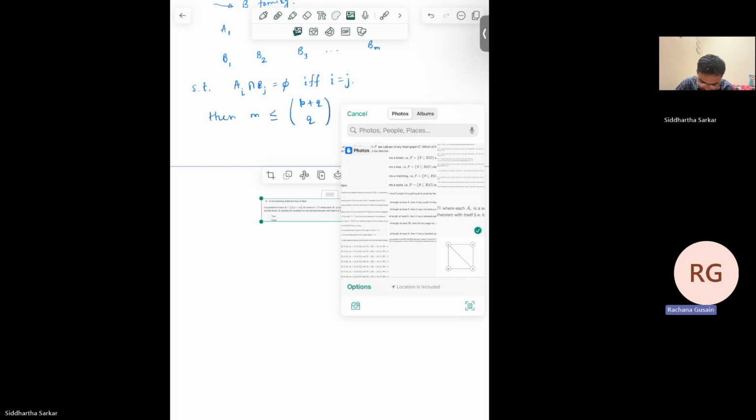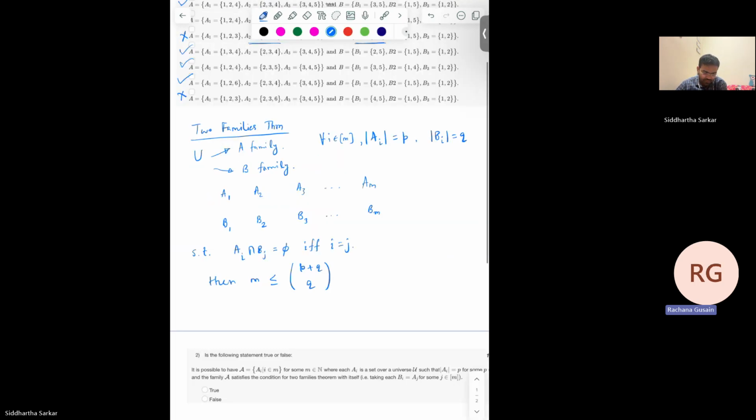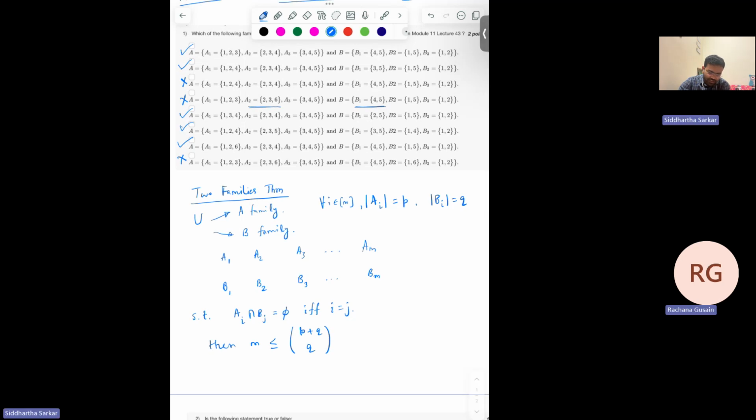Essentially what this theorem is saying is that we have these two families, and the size of the family cannot exceed this quantity. This is a combinatorial result, and it is in fact encapsulating this condition, that with this condition you cannot grow two families of larger size.